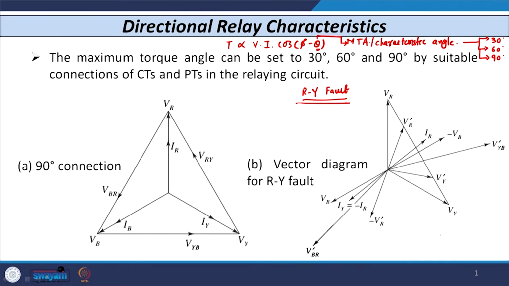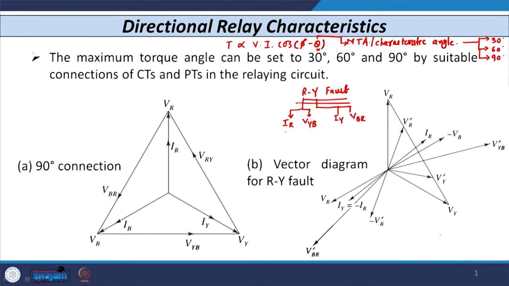In an RY fault, two phases are involved, R phase and Y phase. In R phase we give the quantity IR and the voltage VYB, other than the R phase voltage. Similarly, for Y phase we give IY current and the voltage other than Y phase, that is VBR.